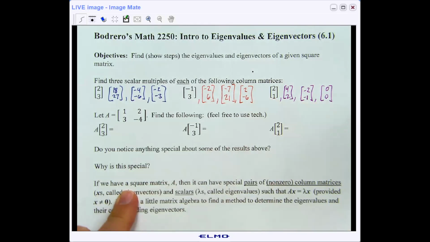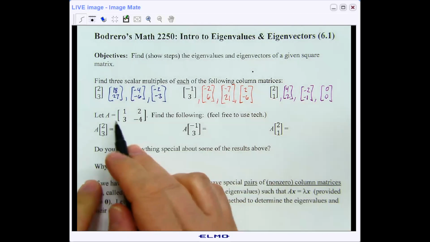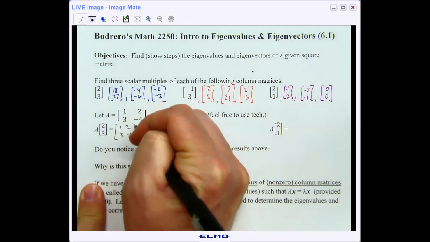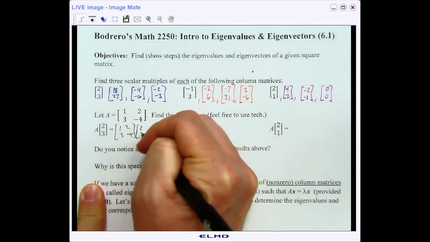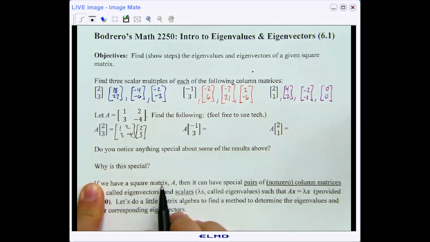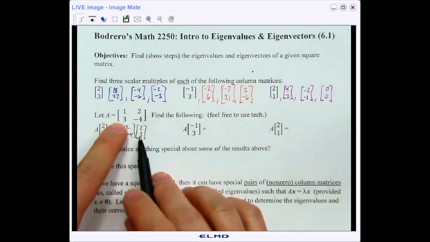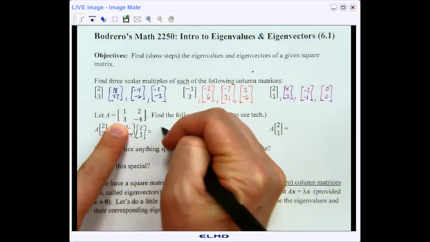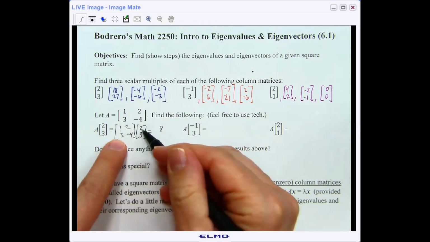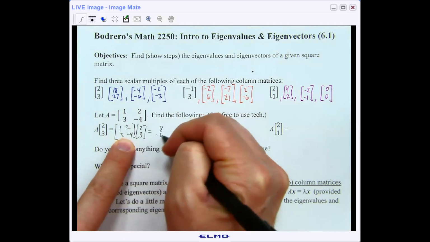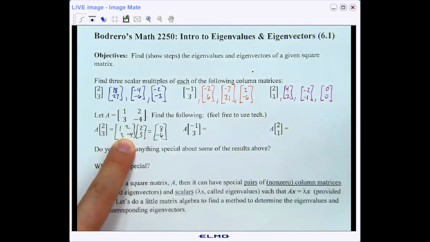Now let's remember back to how we multiplied matrices. So this would be 1, 2, 3, -4 times 2, 3. And remember, to multiply matrices, we multiply rows by columns. So we get 2 plus 6, which is 8, and 6 minus 12, which is -6.